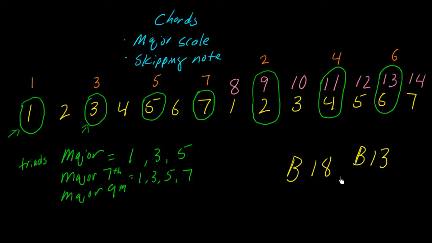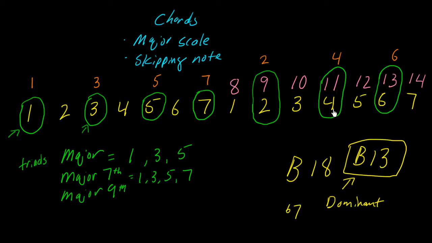Because to play a true B13 chord, even though the way I showed you here would mean you play all 7 notes, that is technically not true, because when you play a B13, that is a form of a dominant chord. And a dominant chord doesn't use a 7, it uses a flatted 7th. And for some reason, when you play a 13 level chord, you actually omit the 11.